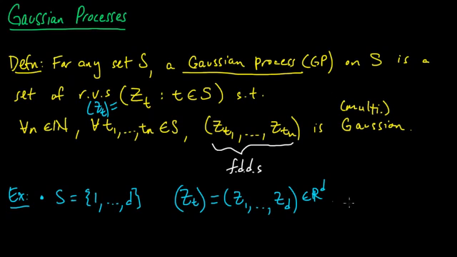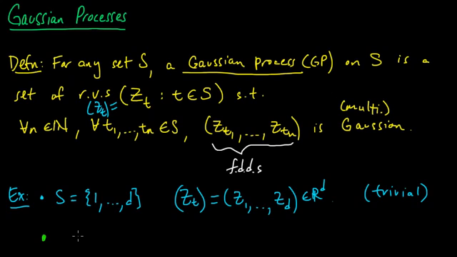If you know what a multivariate Gaussian is, then this is the first example of a Gaussian process that you can very easily get your head wrapped around. But in some sense, this is too trivial. It doesn't really capture the full flavor of what's going on here.